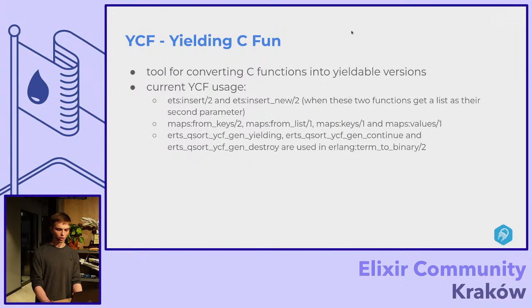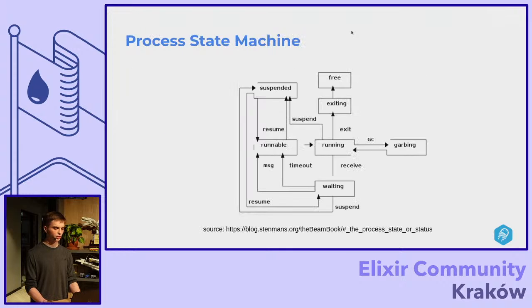The other way of interrupting our process is when we go into the receive block. So we can take a look at the process state machine. Maybe this is pretty obvious, however I think it is also worth mentioning. Whenever our process is running, it's in the running state, so our scheduler is executing this process.